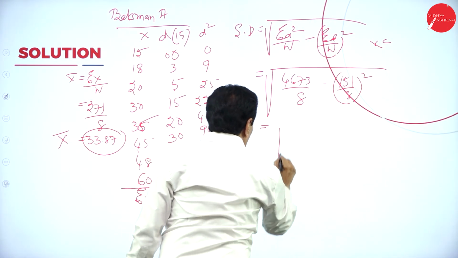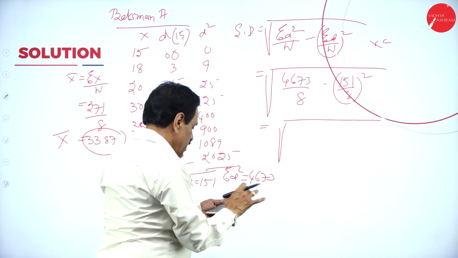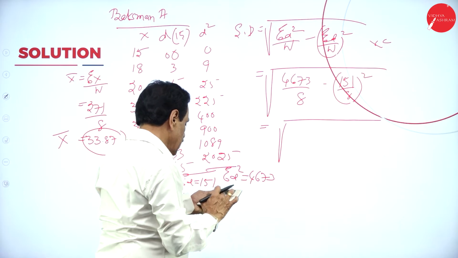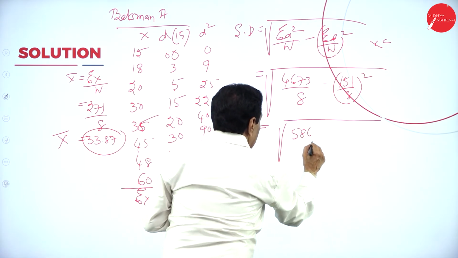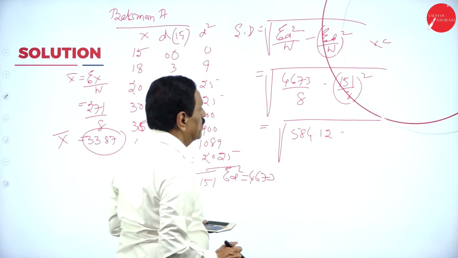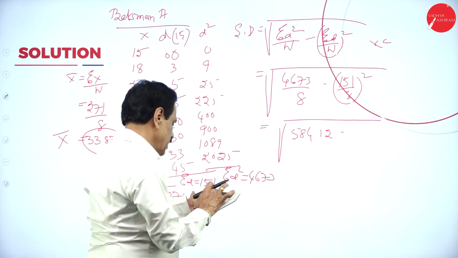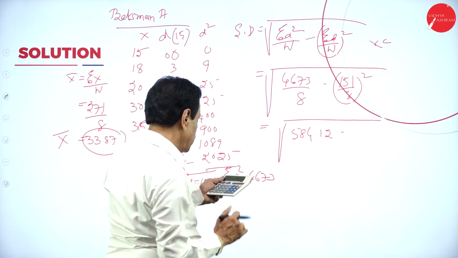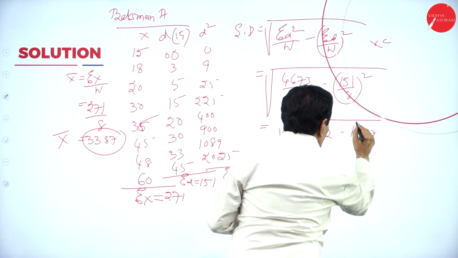Simplify this: root of 4673 divided by 8, 584.12, minus 151 divided by 8, 18.87, whole square.